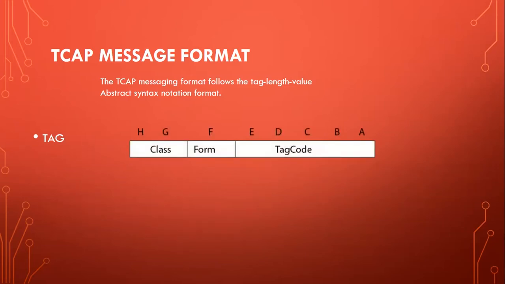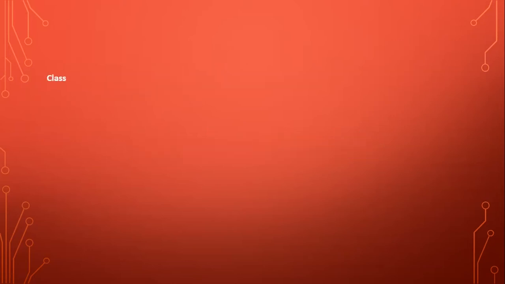The tag, as you can see, is made up of 4 classes. I hope you can get me clearly on these. 4 classes, what do I mean? So if a TCAP message tag starts with 00, that is a universal tag, as you can see.